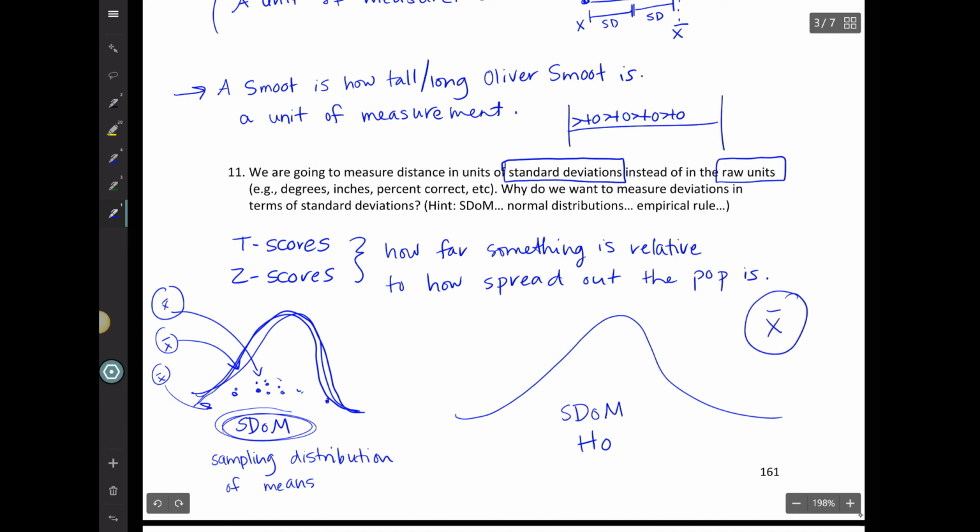We usually don't do many samples because research is expensive and it takes time and money. We usually only have one sample.